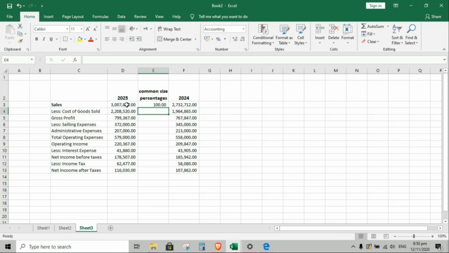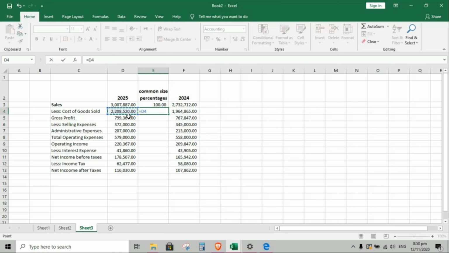So, this one, yeah. Next is the cost of goods sold. Okay, so, same procedure, yeah. Cost of goods sold, that is 2,208,520 pesos divided by ang ating base item ulit sa income statement ay sales.